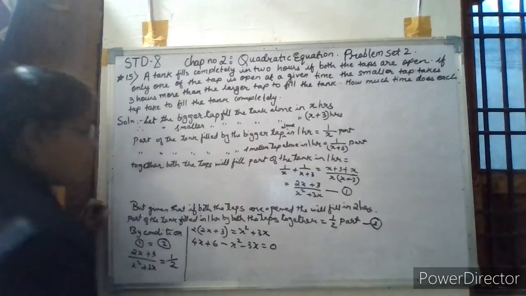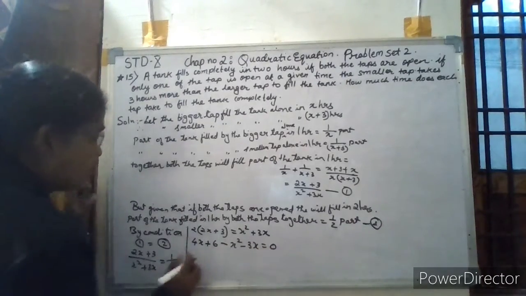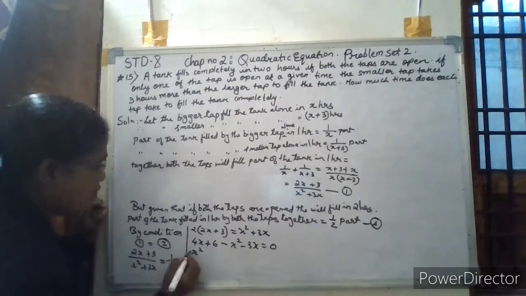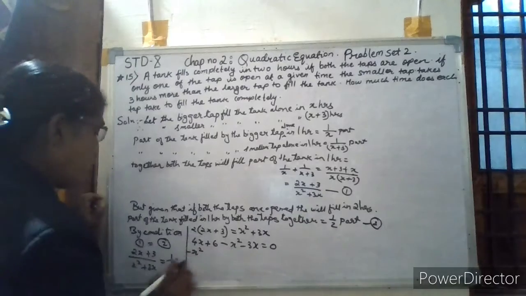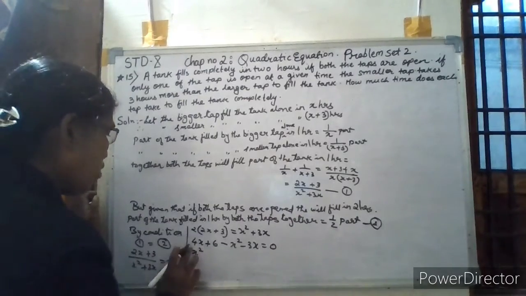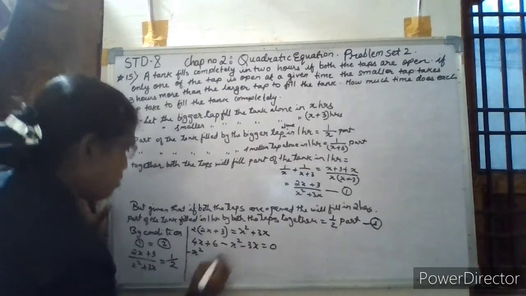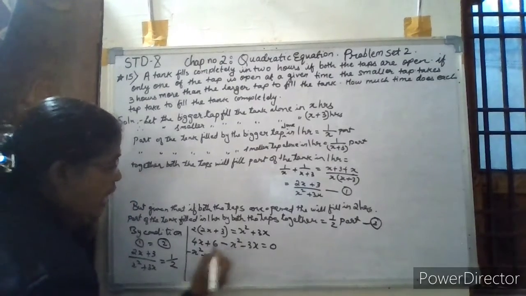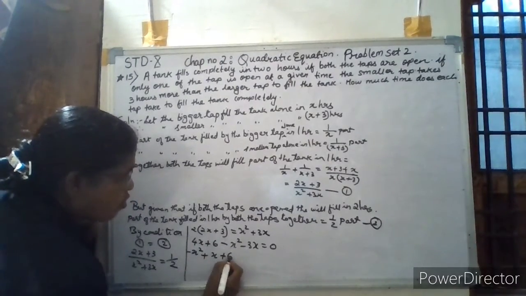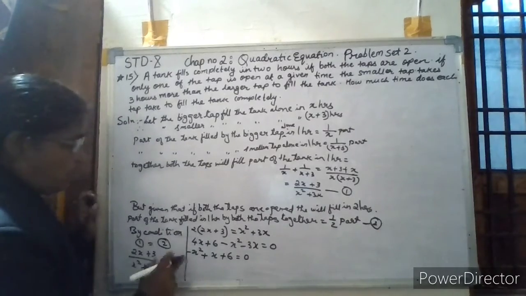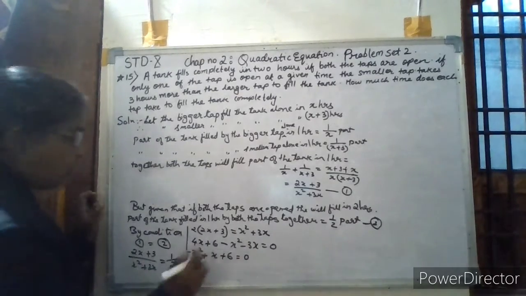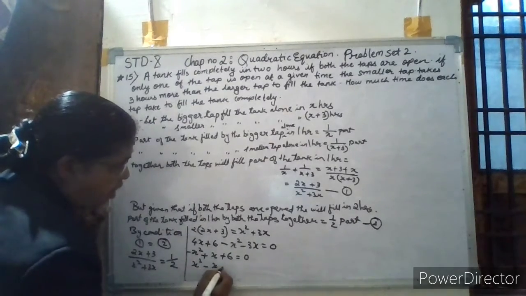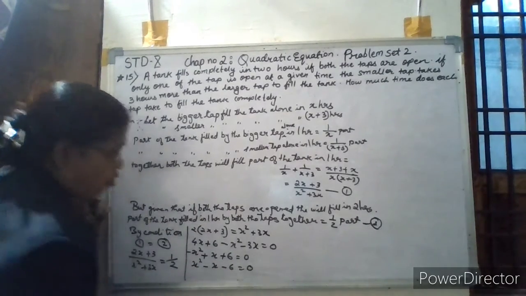Now let us arrange it in the quadratic form. Minus x squared, then 4x minus 3x will give you plus x, and then plus 6 as the constant term, equal to 0. We will not keep this term as negative, so we change it as x squared minus x minus 6 equal to 0. We got it in this form.